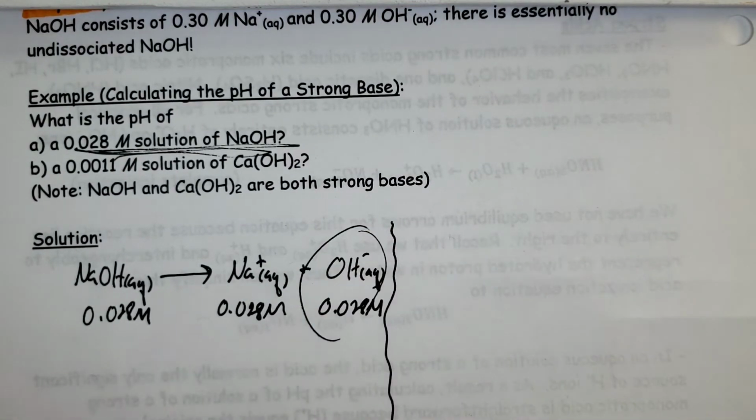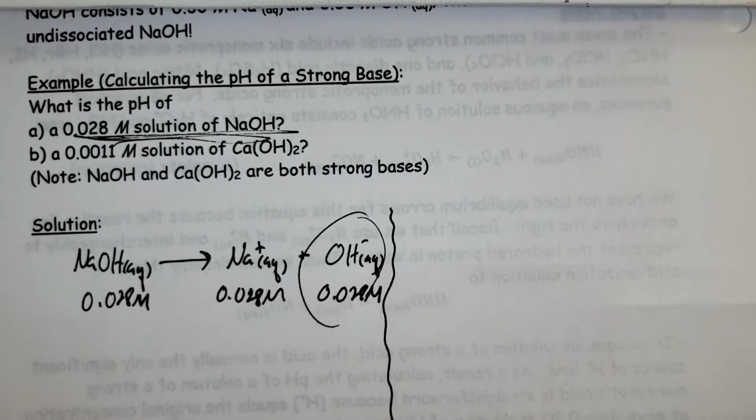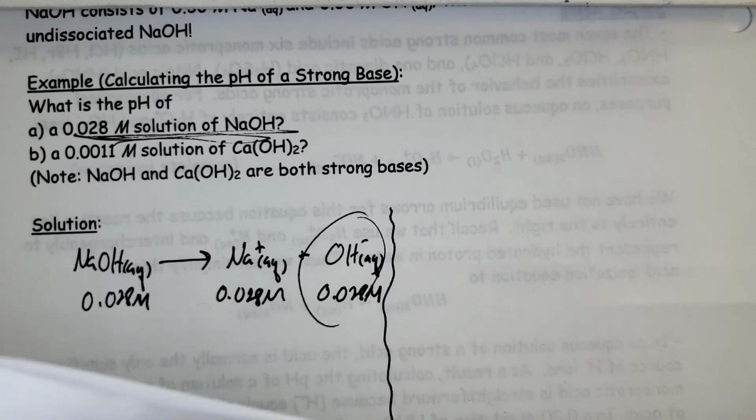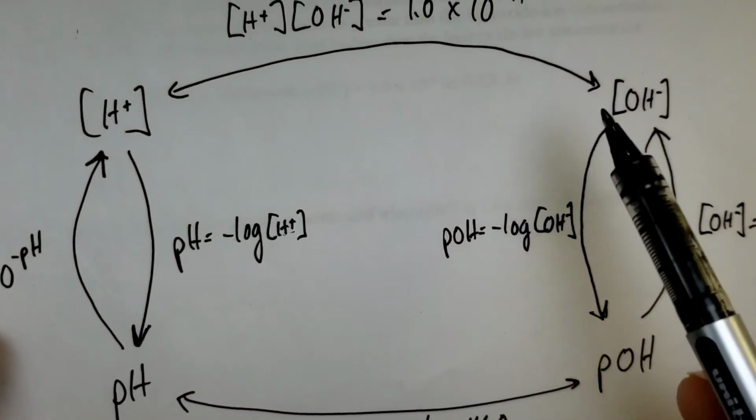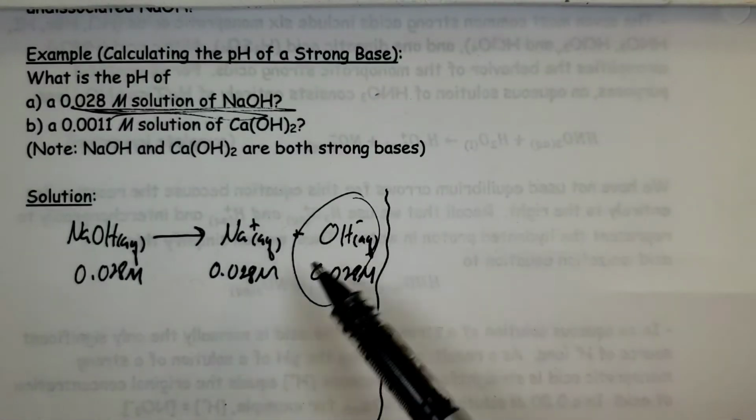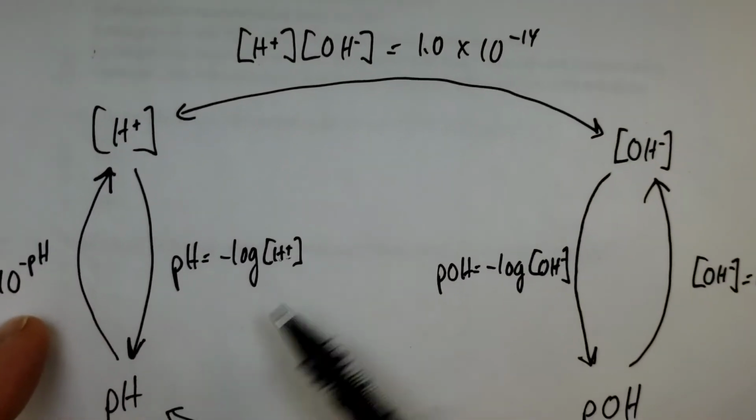So over here, now I want to find out the pH, right? Now there's a couple of different ways we can look at this. We could take a look at that formula sheet that we had the other day and see what pathway we could take. If we take a look at this schematic from the other day, we have the hydroxide ion concentration, right? So if we want to figure out pH, there's two pathways we can go.